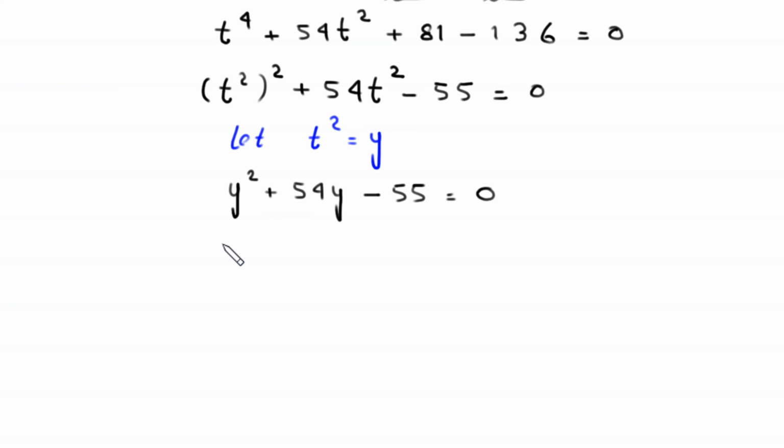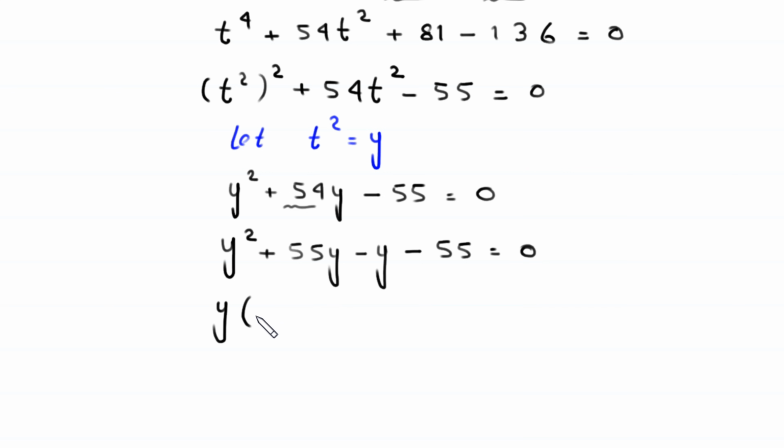We write this y squared, and we break this 54y into two terms: plus 55 times y minus 1 times y, minus 55 is equal to 0. From these two terms we can factor out y, in bracket y plus 55.